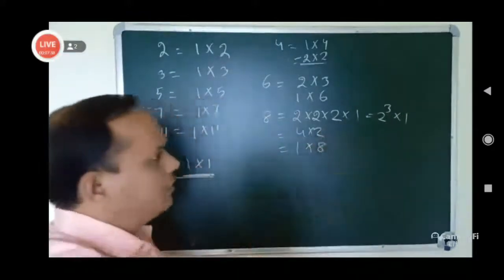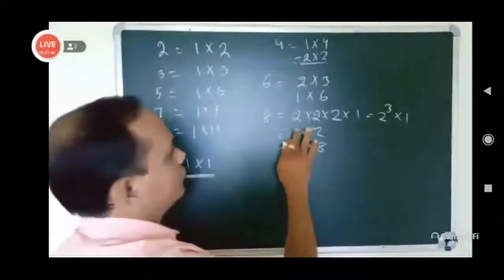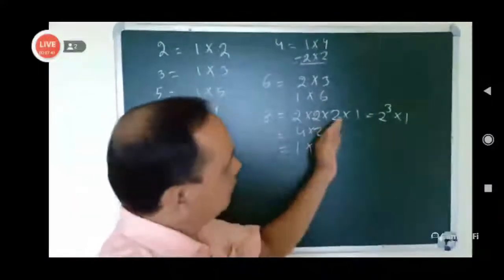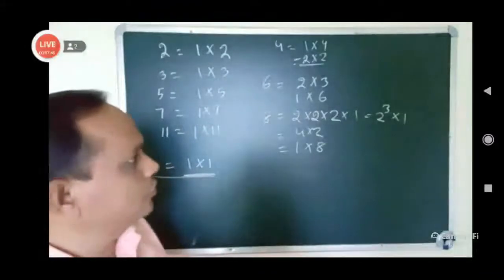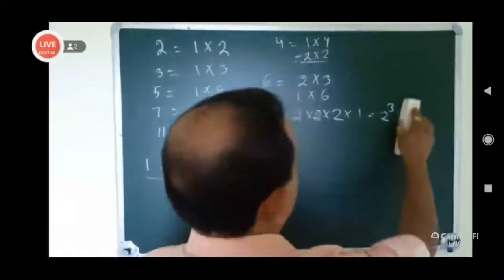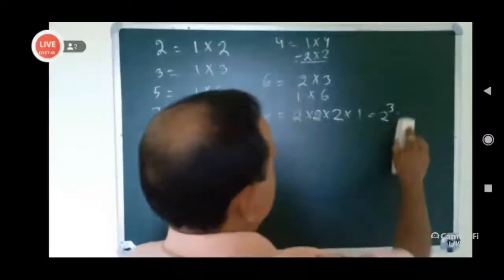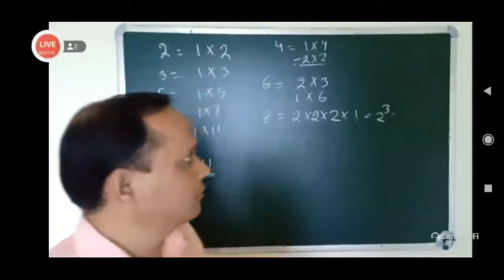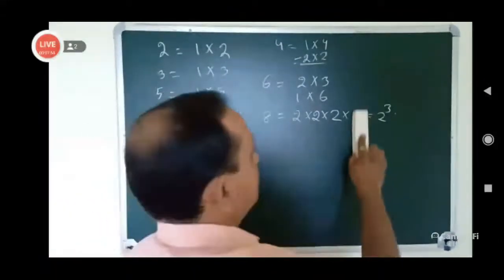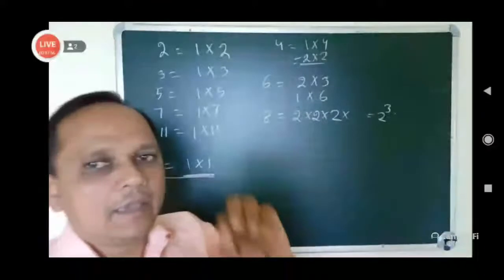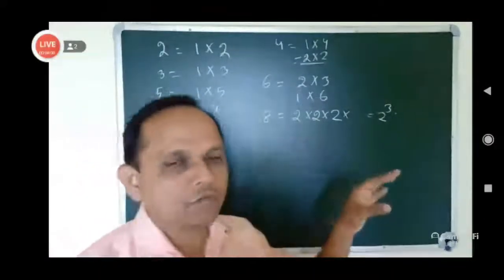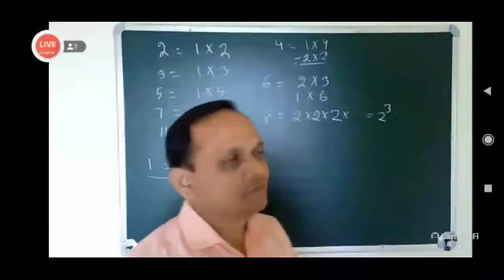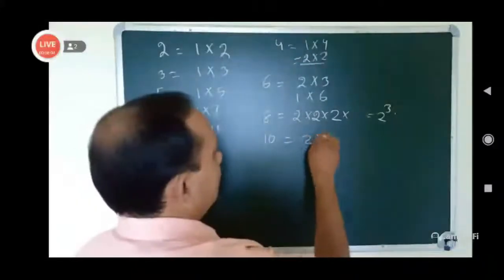In a different way we can do prime factorization. Prime factorization means only prime numbers, so the cube of 2. Every composite number can be factorized as the product of prime numbers. 10 equals 2 into 5.